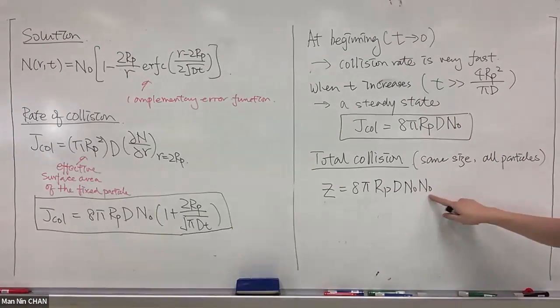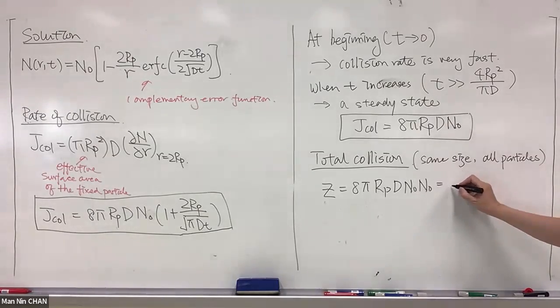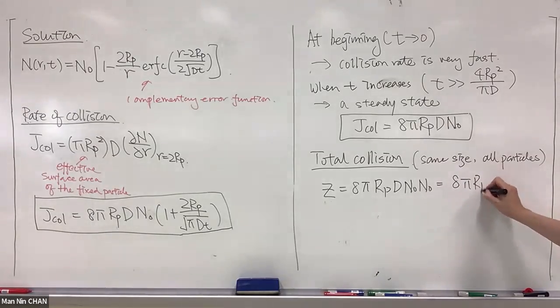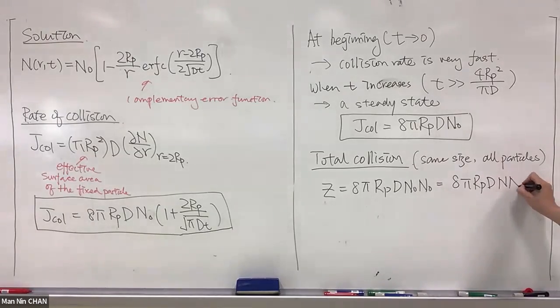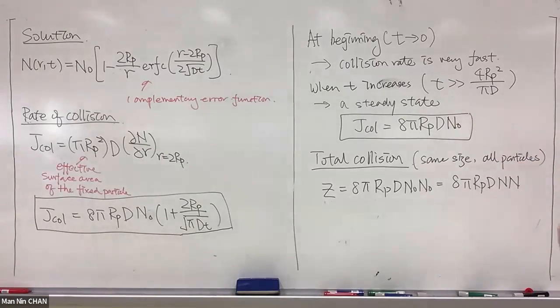multiply by the number concentration of the particle. Usually we write it like this: N times n, because the initial equation describes just one particle, so you multiply by the total number of particles. That's another n, so that becomes squared here.